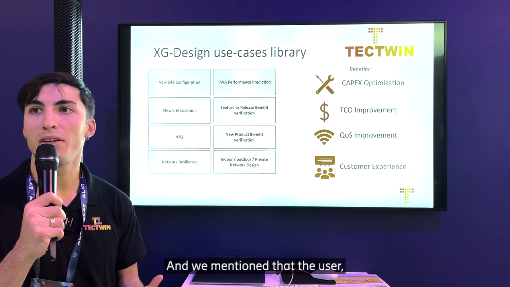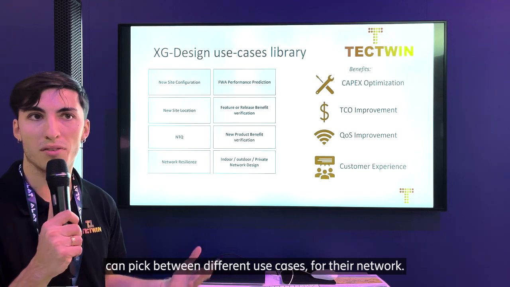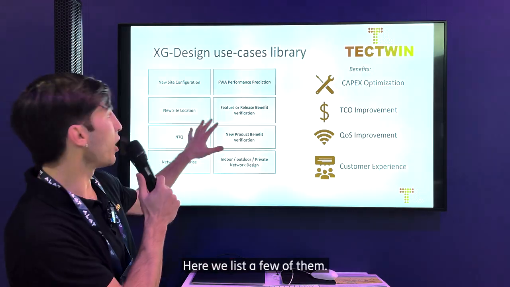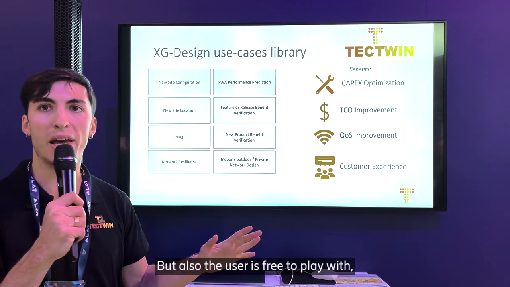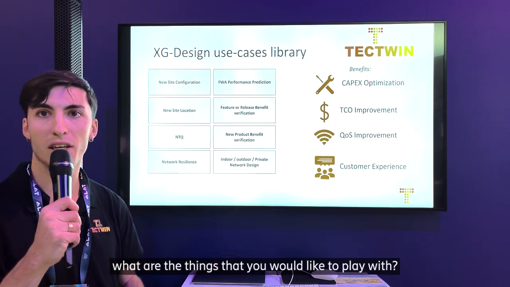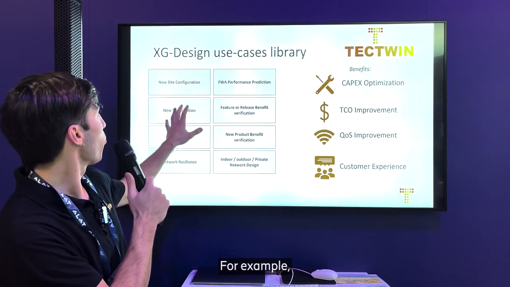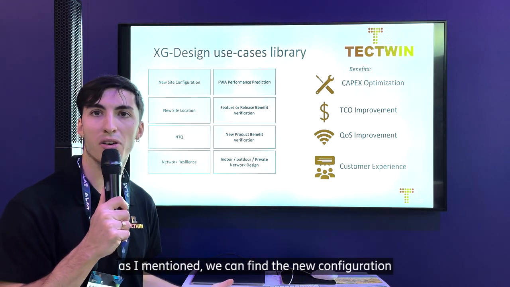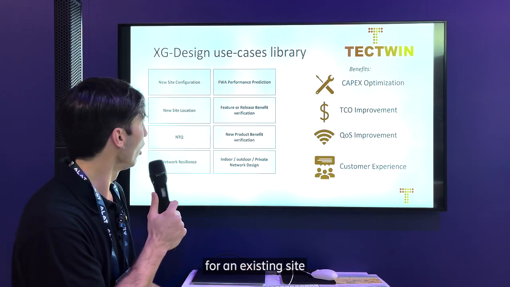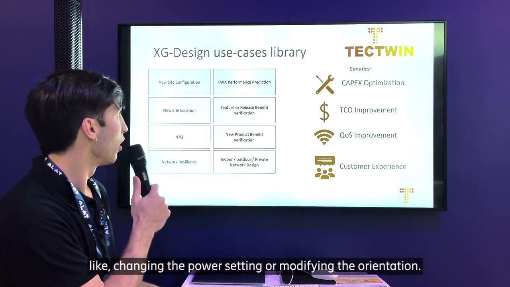We mentioned that the user can pick between different use cases for their network to optimize. Here we list a few of them, but the user is also free to play with whatever they would like to play with and optimize. For example, as I mentioned, we can find a new configuration for an existing site, like changing the power setting or modifying the orientation.